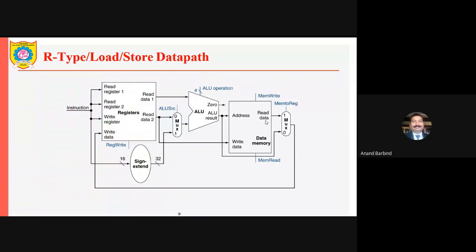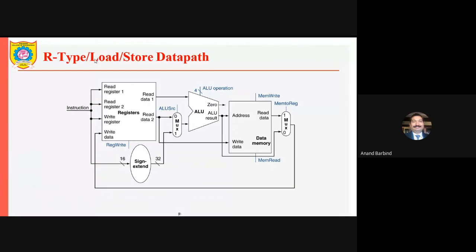Okay, and in that case, this particular multiplexer selects the output of the data memory, and that output of the data memory is stored into the selected register, which is selected by this particular write register. Okay, so that is how the data will be transferred from data memory to the register.